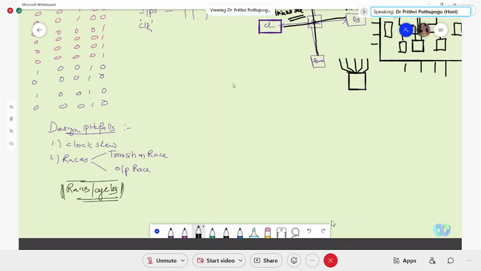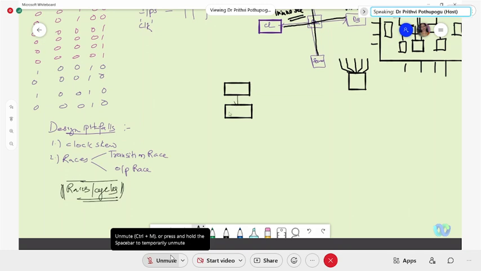You remember where we have seen this? Able to recollect? JK flip-flop? That is the race around condition, not that. Races and cycles.